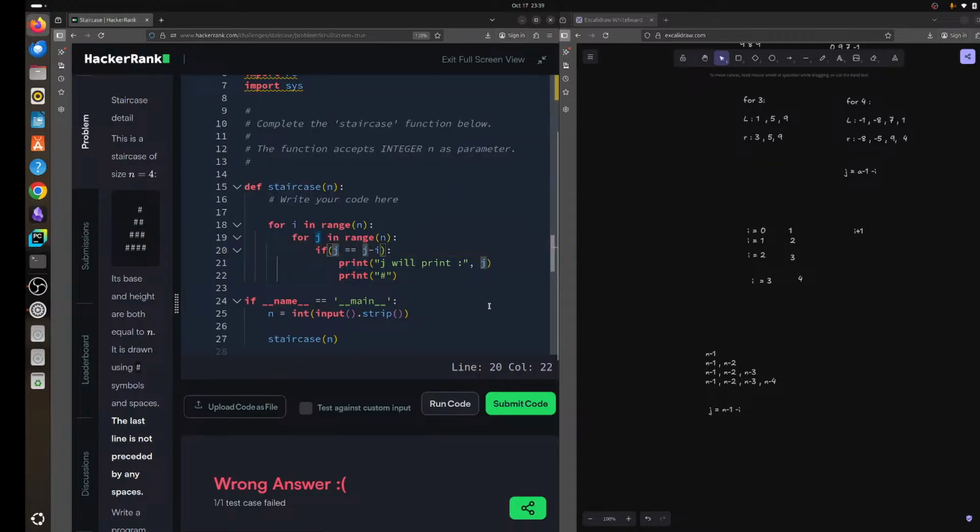No, no. See the problem happening, right? If i equals, it will first print on that, but it will not go to print on the next part. Understood? It will fail, right? Because n minus 2 will be there, it will print on that specific part and it will fail.